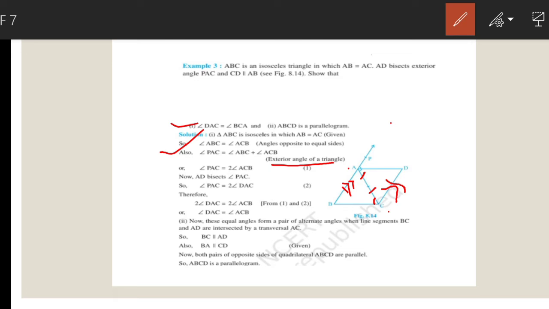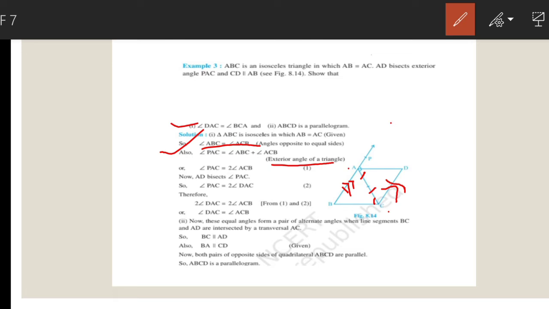Here PAC is the exterior angle and the sum of the two interior angles is ABC plus ACB. Or we can say angle PAC is equal to 2 ACB from 1, where we are using angle ACB is equal to ABC. So we can write PAC is equal to 2 ACB.